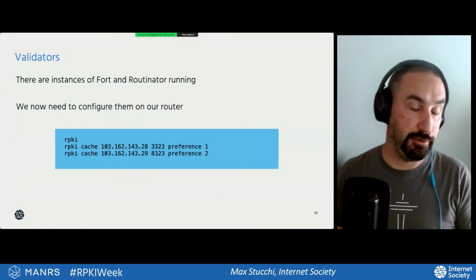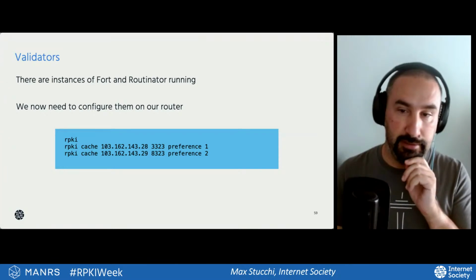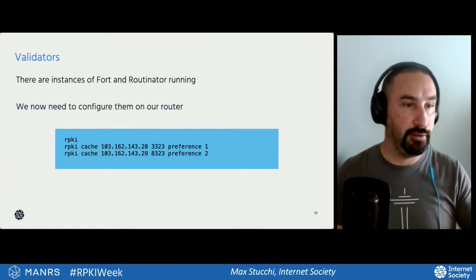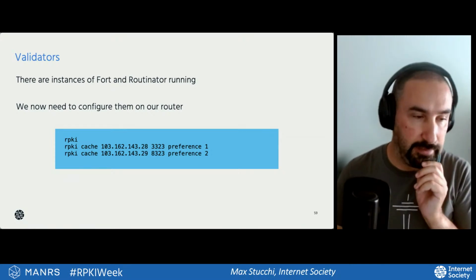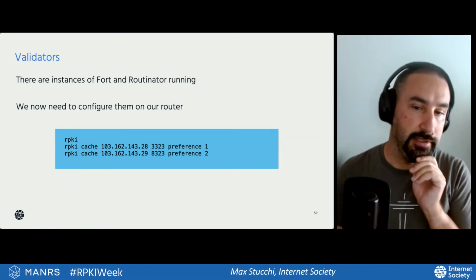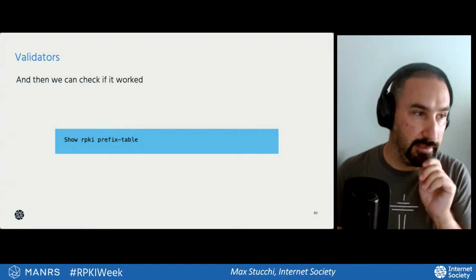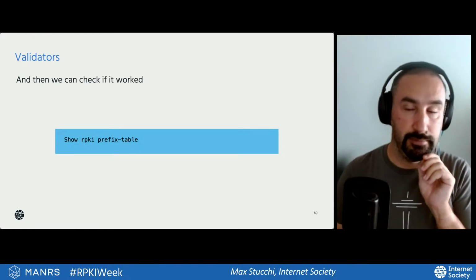This is a summary. I was following this, of course, as a reference. We've set up our RPKI caches, so we told the router to go here using RPKI RTR and get your ROAs, your VRPs. Then we checked if it worked, showing the RPKI prefix table.